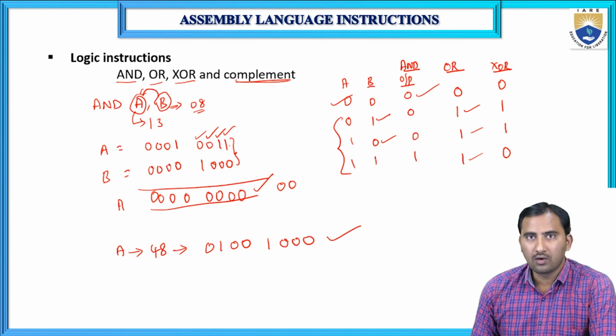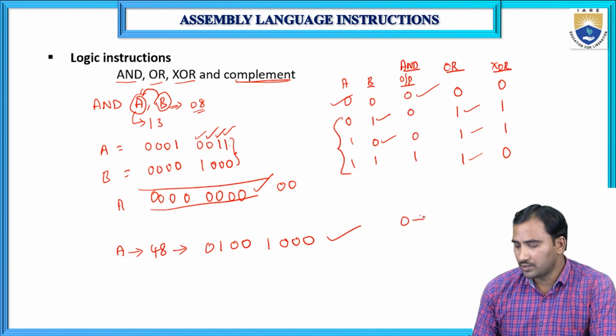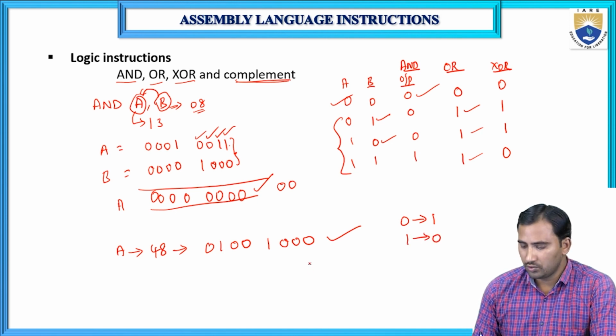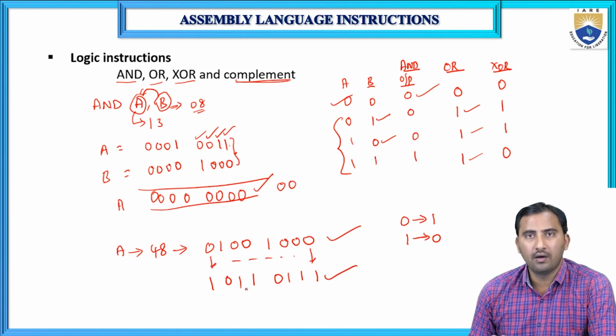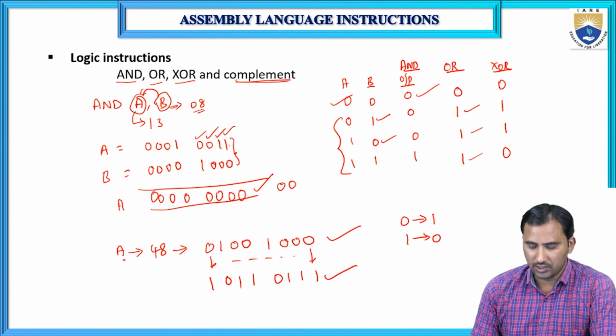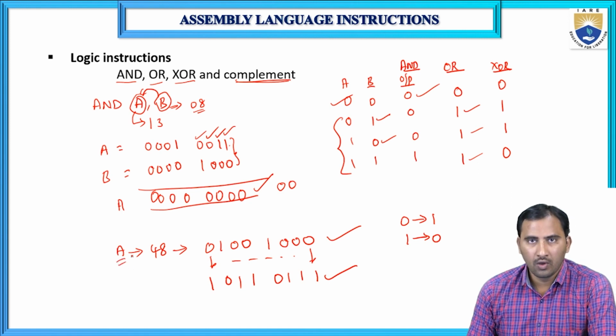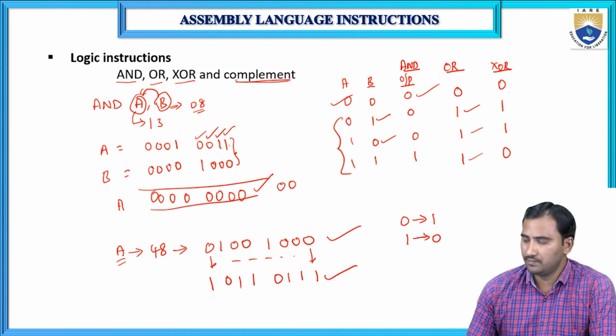Complement means 0 becomes 1 and 1 becomes 0. So it will become 1011 0111. In this way, the complemented value will be stored in the register. So these are the different logical instructions.